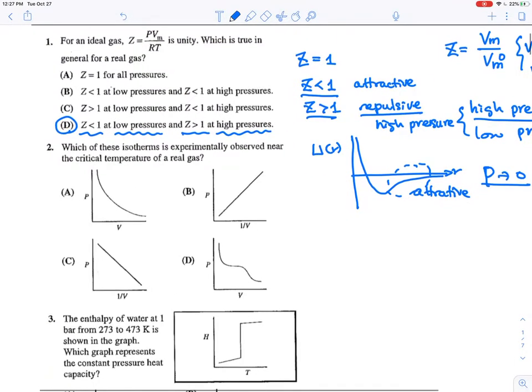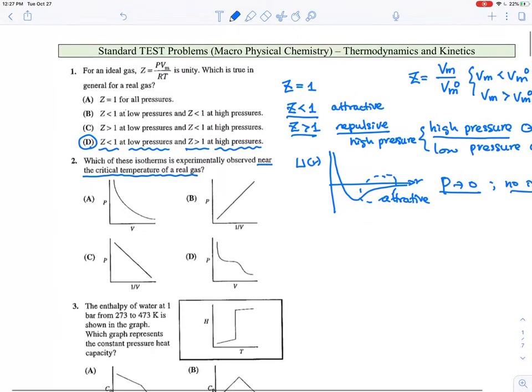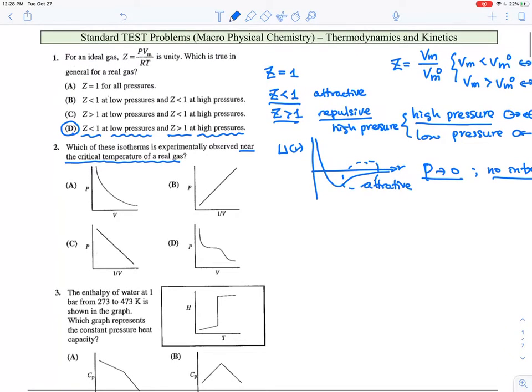Okay, so the second one is, which of the isotherms is experimentally observed near the critical temperature? I think I remember showing you a video about van der Waals and Onnes competing for absolute zero. He brought out the concept of the critical temperature. I didn't go too much into detail at that time, but this is the concept. If you plot the van der Waals gas, pressure versus volume, this one actually goes up and down.